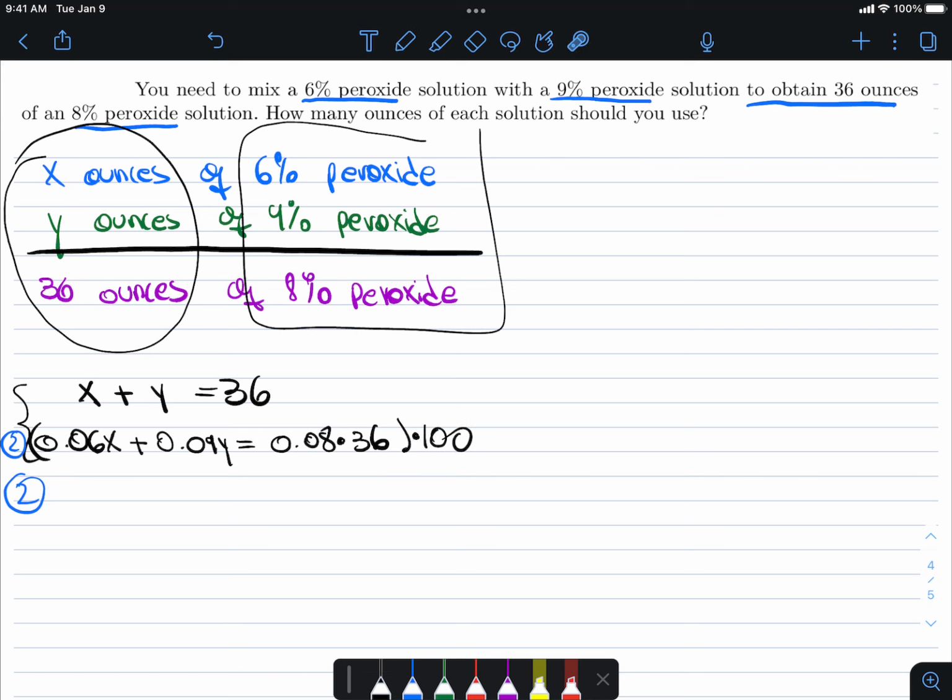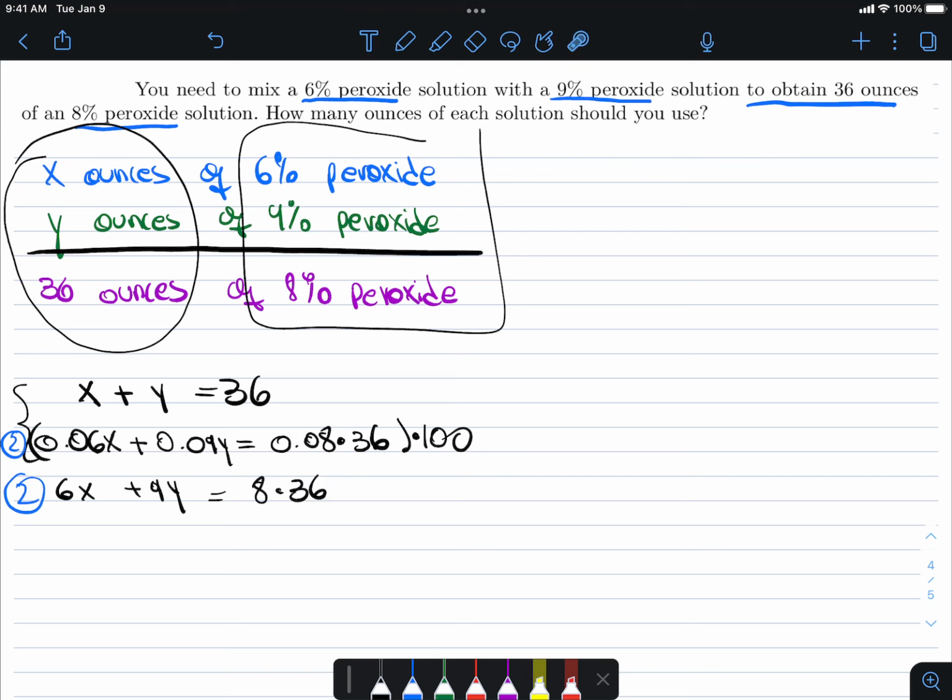Usually when you're dealing with percentages, that's one good first step to take, because those decimals are going to go away. So then you're going to have 6x plus 9y equal to, and when I multiply 100 times the product, I could multiply either of the two numbers, but not both. So I'll multiply the 0.08, of course, to get rid of the decimal.